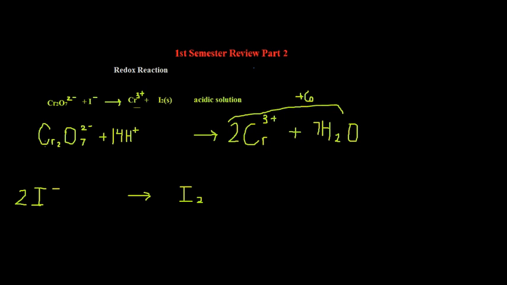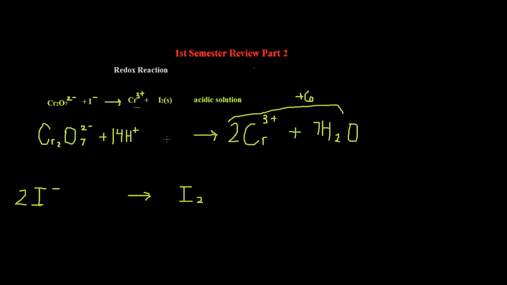Here on the left you have a total charge of 12 because there's 14 hydrogen plus atoms, which you could consider protons, minus this 2 from the chromate, which gives you a total charge of +12.